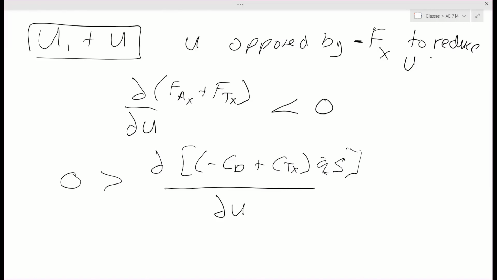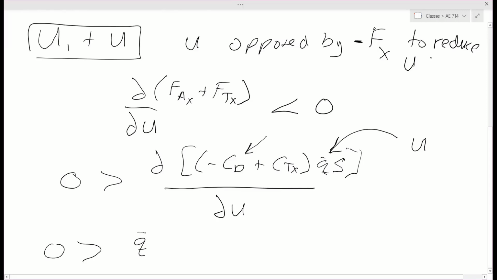And the tricky part about this is that dynamic pressure also has u in it, as well as the drag is going to change with u. So if we're going to write this out fully, we have to use the product rule on this.